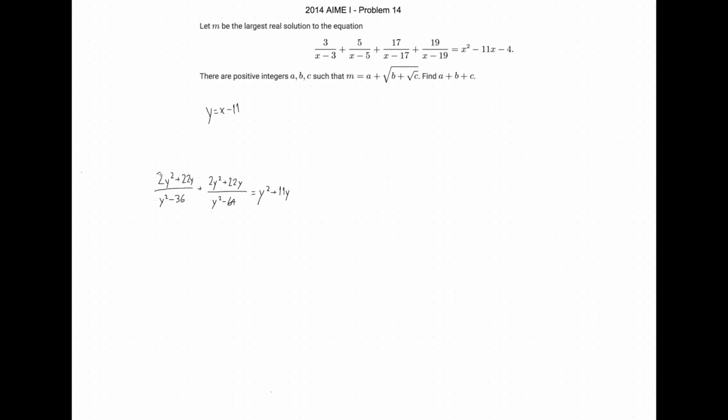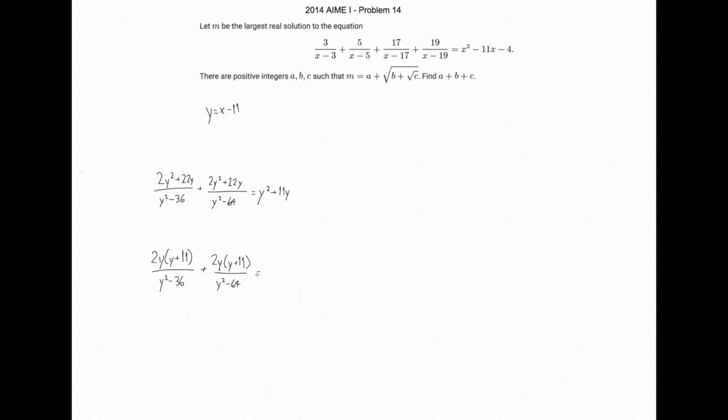So looking at this equation, we notice that y squared plus 11y can be factored out from each of these terms because this term can be written as 2 times y plus 11 over y squared minus 36. And we can do a similar factorization for this term, 2 times y times y plus 11 over y squared minus 64.